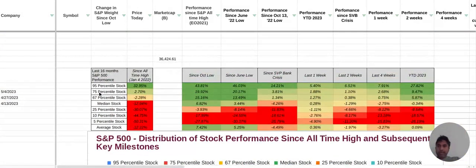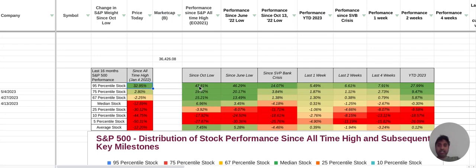This is the median, right? So this is the 95th percentile stock: since all-time high it's up 32.95%, since the October low 30. What it says is that of the 500 stocks, the 95th percentile means about 25 stocks, which are mostly the big techs and tech companies and some others and some small caps as well, and they are up 32.95% since the October low.